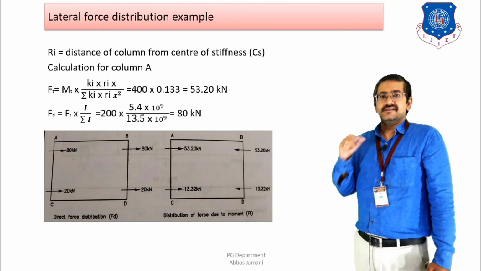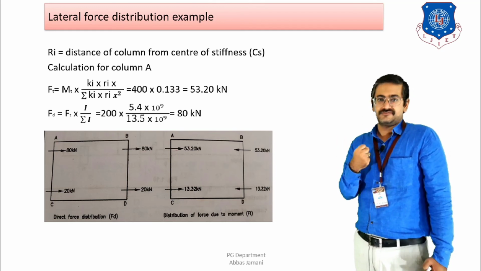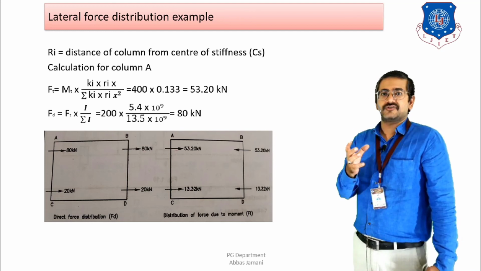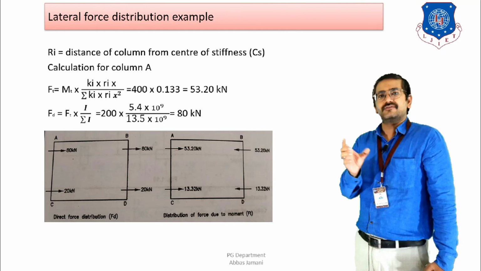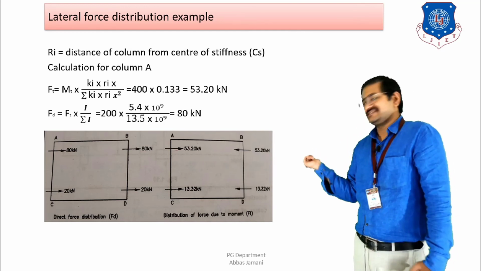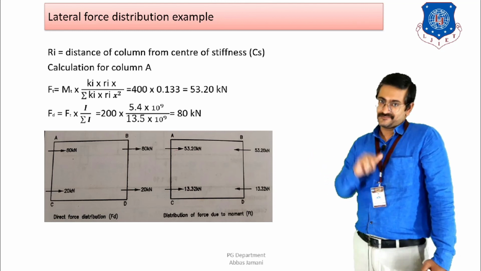Why? Because where the stiffness is going to be more, the capacity to absorb the forces is also going to be on the higher side. So as a result, those columns which have a higher amount of stiffness are going to carry a large amount of forces. And the same thing is obtained in the behavior which we are observing here in the example.